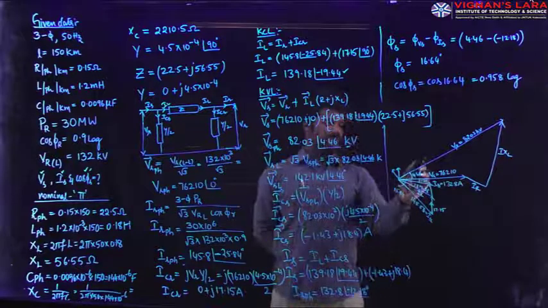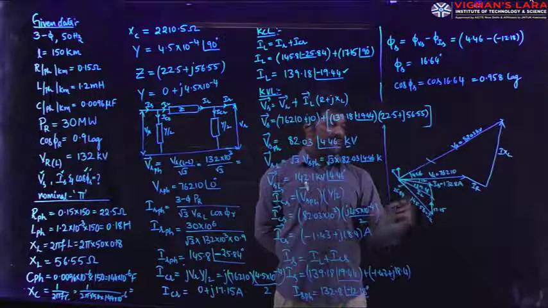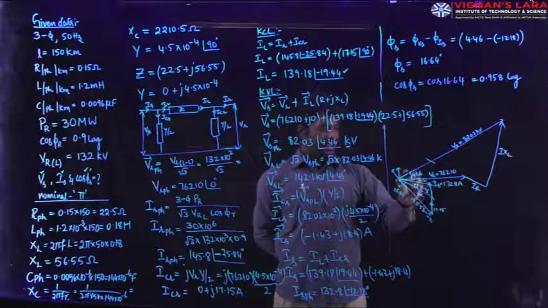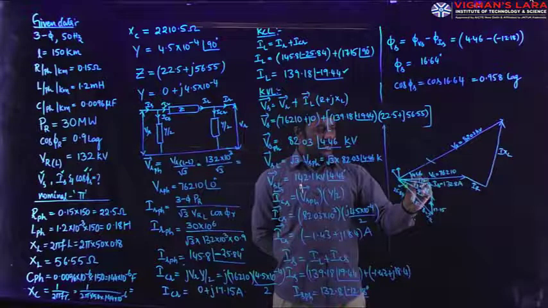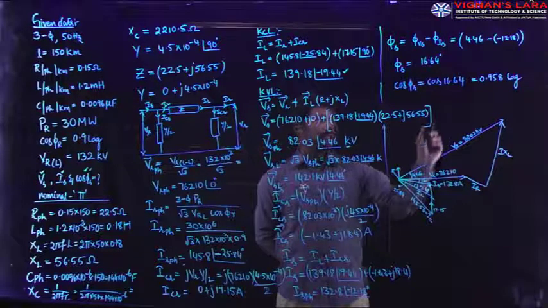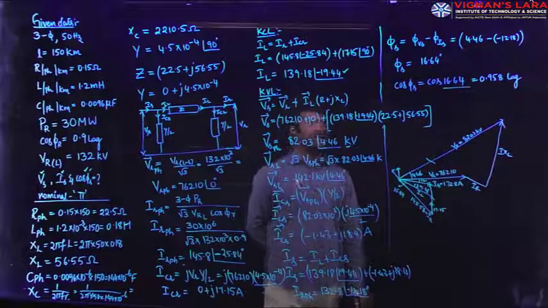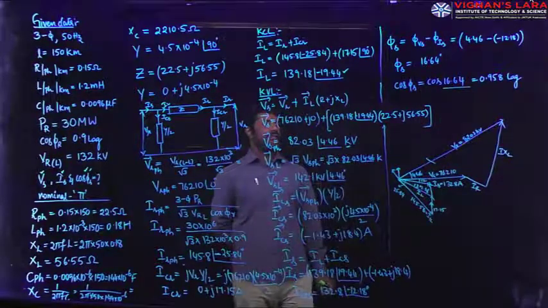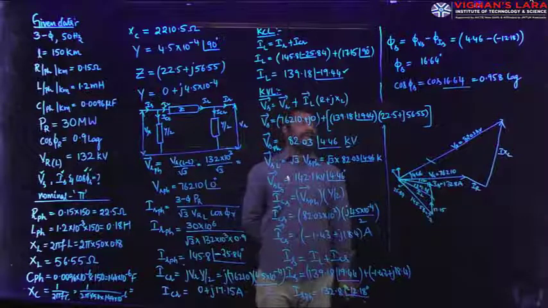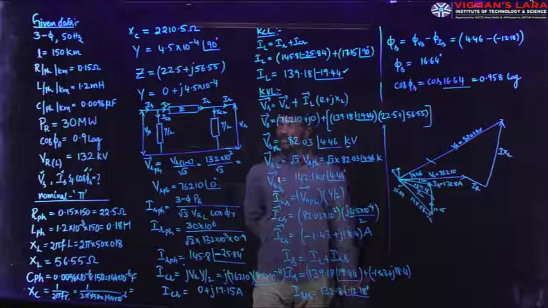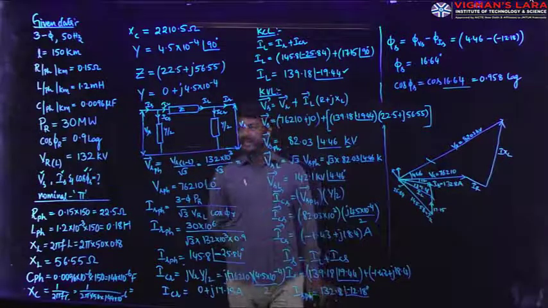Observing this line Vs and this line IS, the angle between them is 12.18 plus 4.46, which gives me 16.64. Cosine of that gives us the power factor on the sending end side as 0.958. This is about the nominal pi network calculation part.